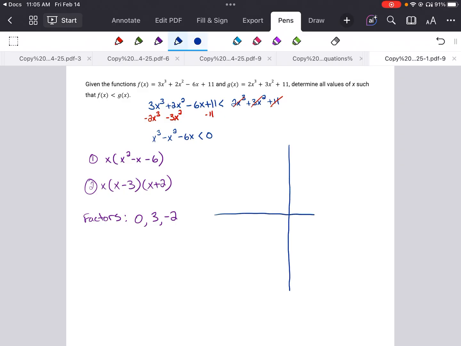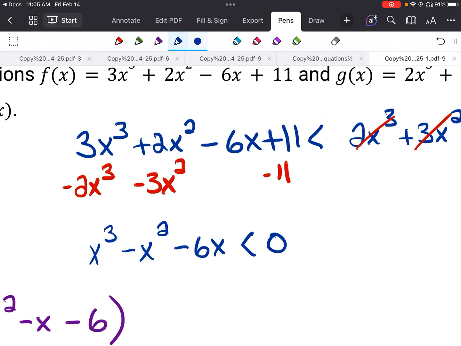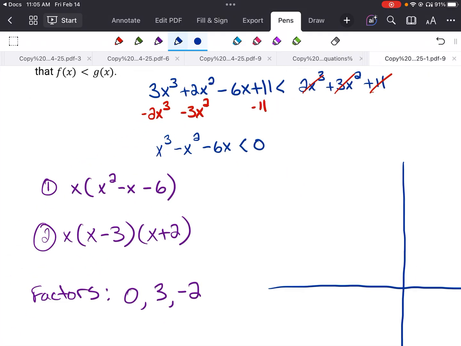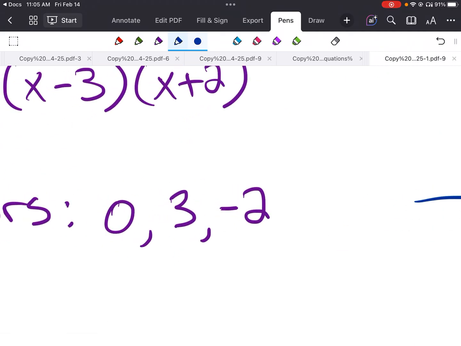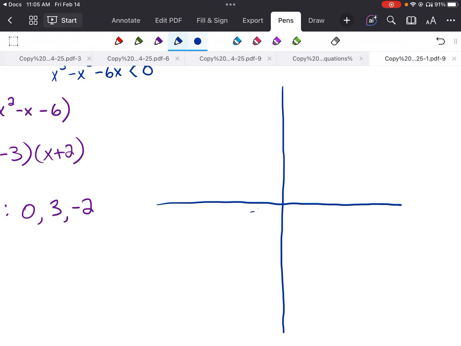Okay, now we'll draw our graph. Okay, if we look back at the equation that we created by moving from the right to the left, there's no constant value, right? And so that means that the y-intercept is 0, which is great because one of our x-intercepts is also 0.